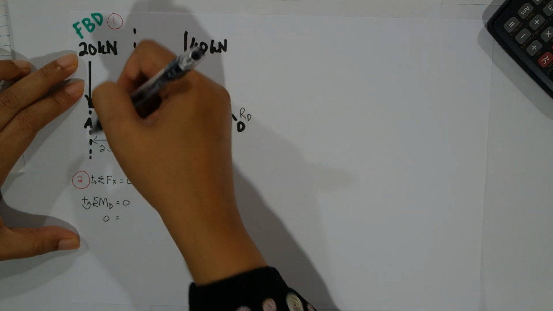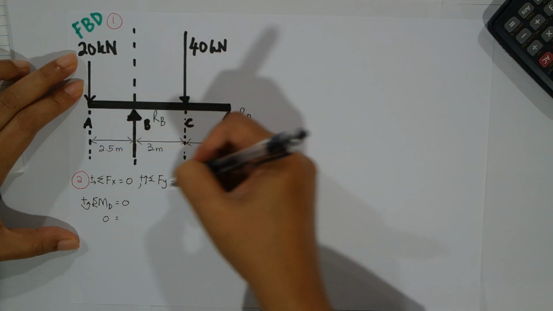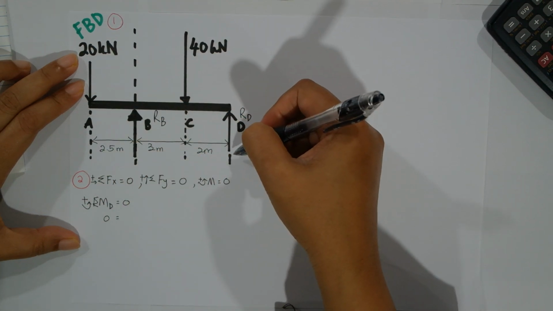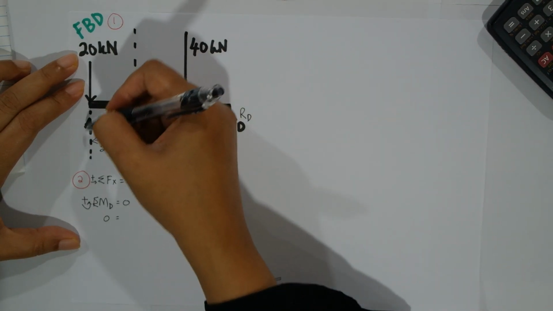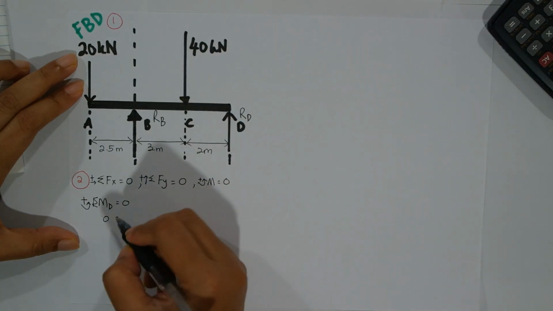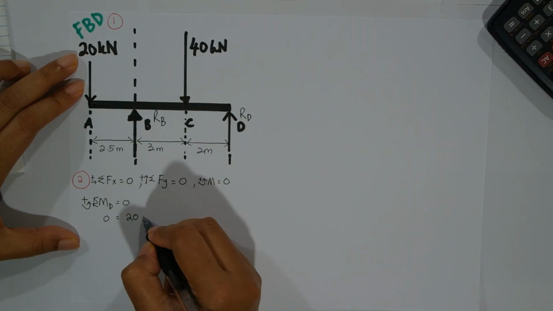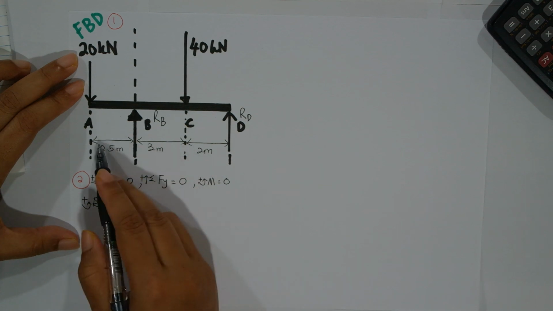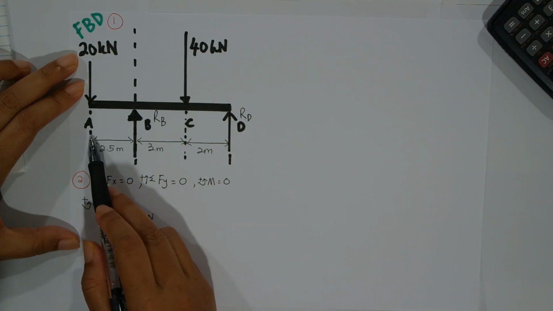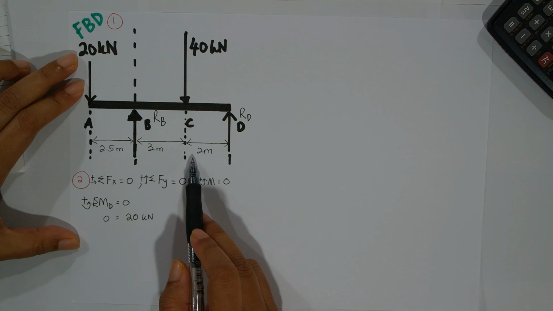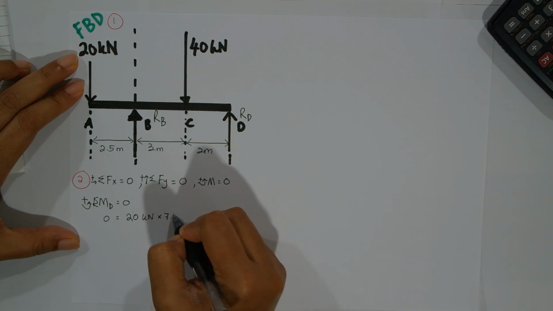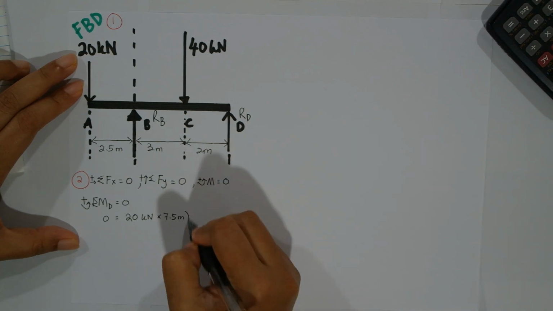This force is going down, so it gives a positive moment. So I write 20 kilonewton times 7.5 meter, since this point is 7.5 meter from D.